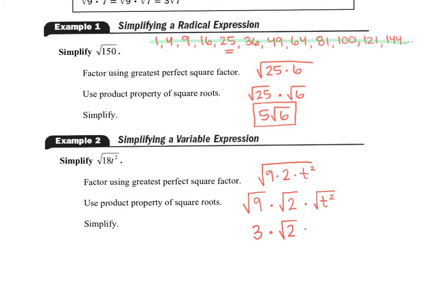So the square root of t squared is just t, and that comes out of the radical. The best way to write our final answer is to put everything that's outside the radical sign first, and then everything under the radical sign. So this one would be 3t times the square root of 2 in simplest form.